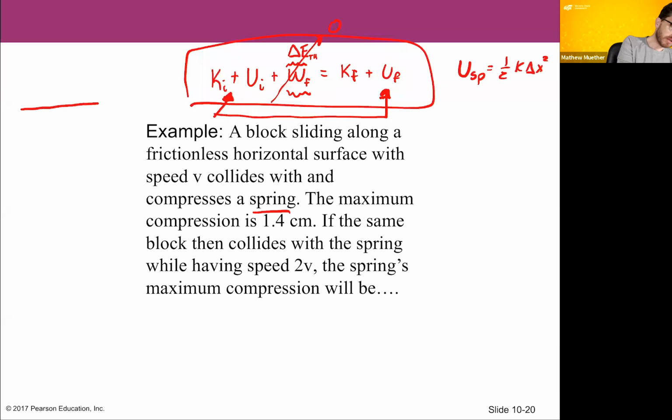What does this problem look like? So here I have a spring that's, say, attached to a wall, and I'm going to have a block that's sliding towards the spring with some velocity v. And then later, this is the initial configuration.